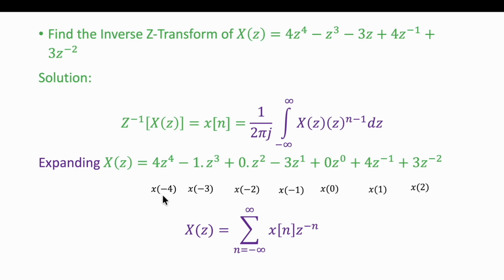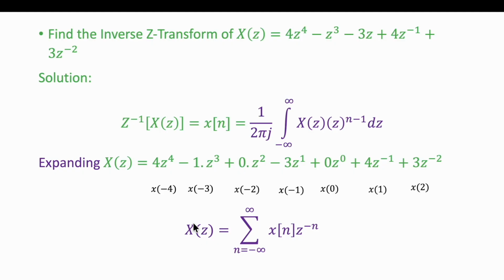So you can rewrite it in the form of samples, like this sample at n is equal to minus 4, this one at n is equal to minus 3, and this one is n equal to minus 2 and minus 1, and then 0, then 1, and then 2. So you can use x of z, that is equal to these values here.